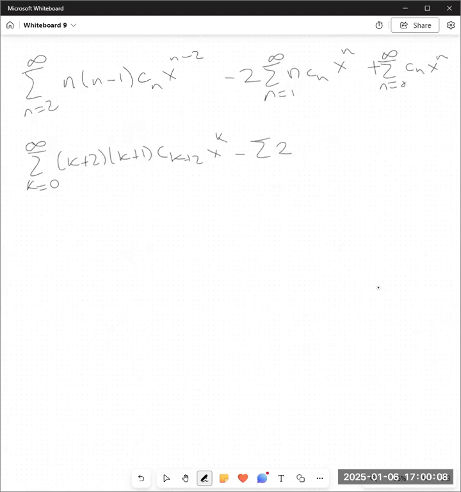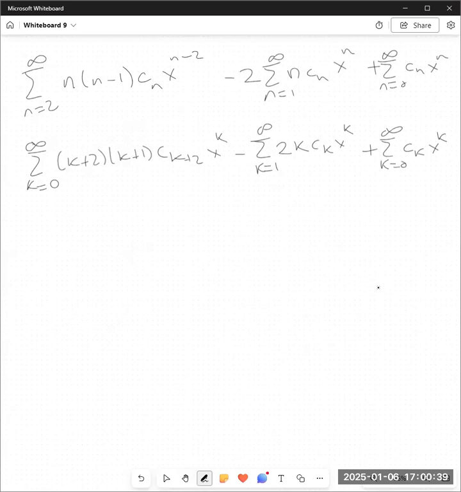Let's see, just do a substitution k's for n since I'm already x to the n. So k equals 1 to infinity, k c_k x to the k. And then same thing here. That's already x to the n, so k equals 0 to infinity, c_k x to the k. Perfect, everything's in terms of k.